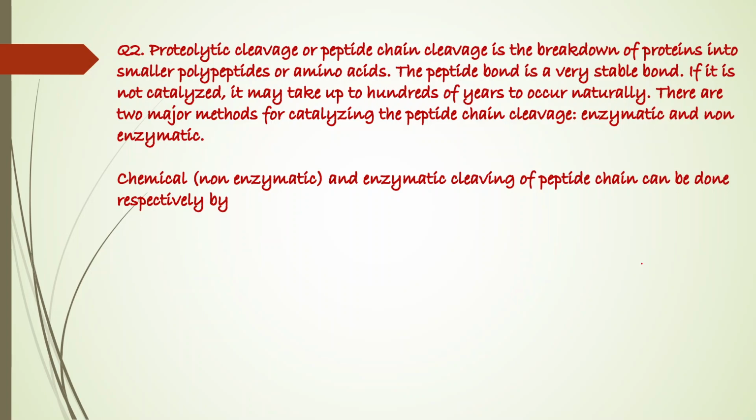There will be different kinds of enzymes. In case of peptide chains, you can cleave these amide bonds either by using enzymes, that is the enzymatic pathway, or sometimes they can also be cleaved by some organic molecules, which is known as non-enzymatic pathways.